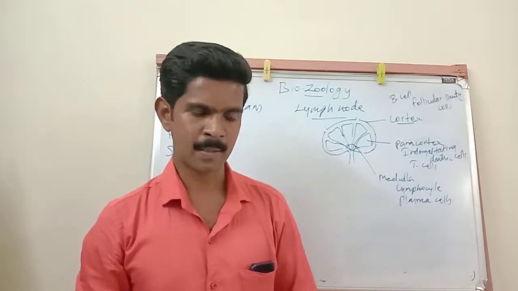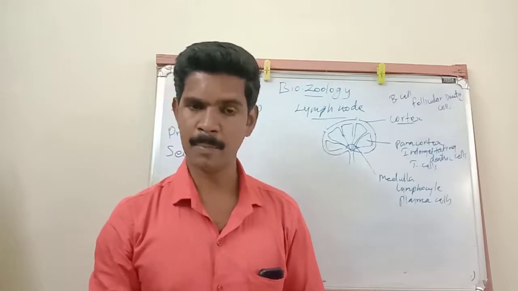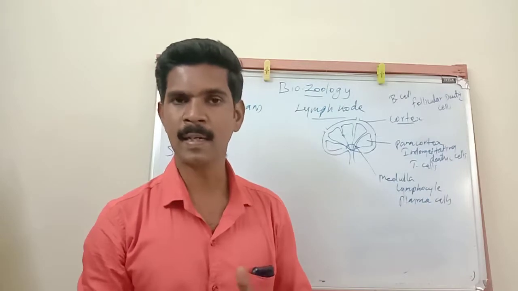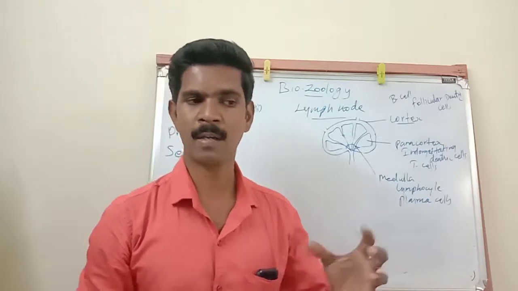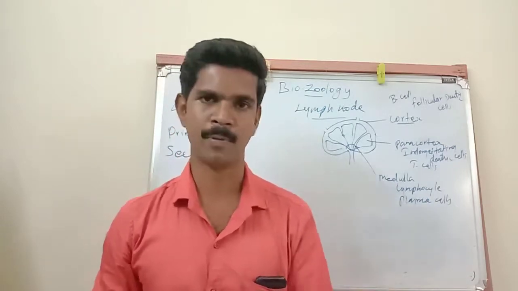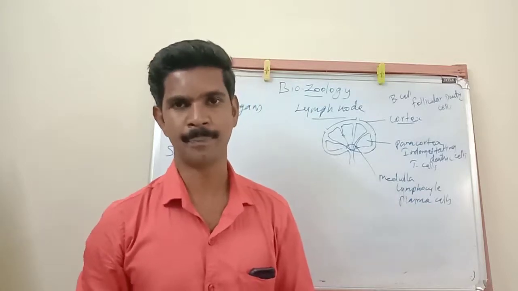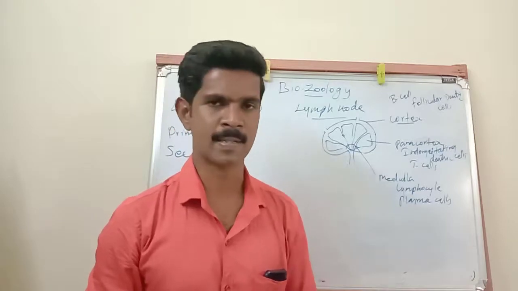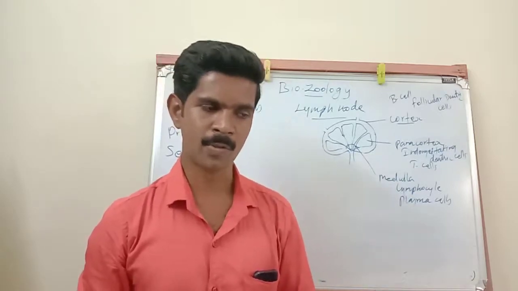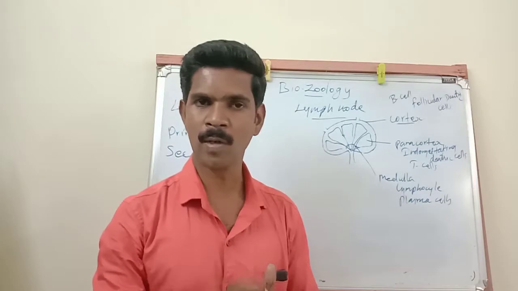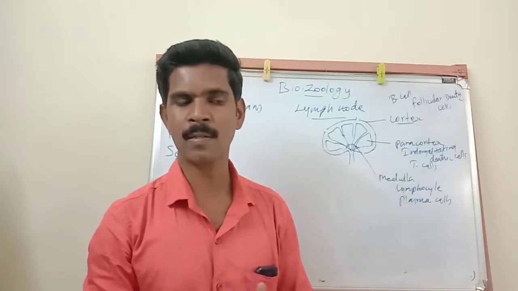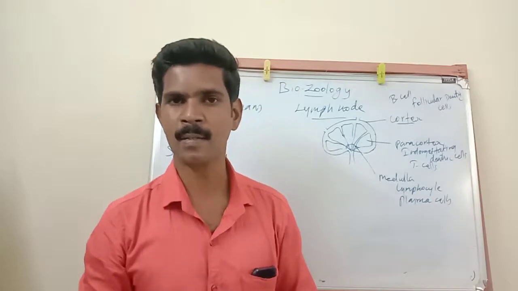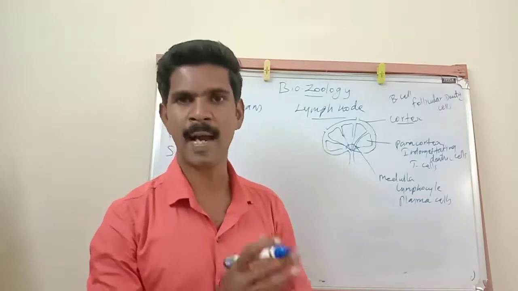These lymphoid organs filter the foreign particles which are passing through the lymph, and they are present along the lymph vessels. When a pathogenic microorganism passes through a lymph node present in a lymphatic vessel, it is filtered and trapped.